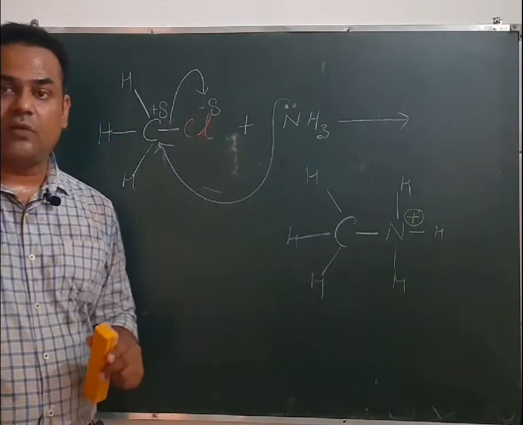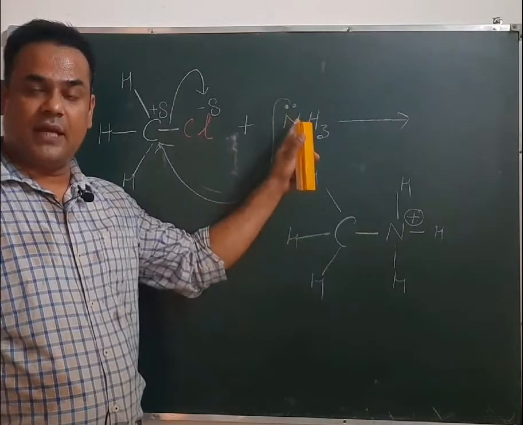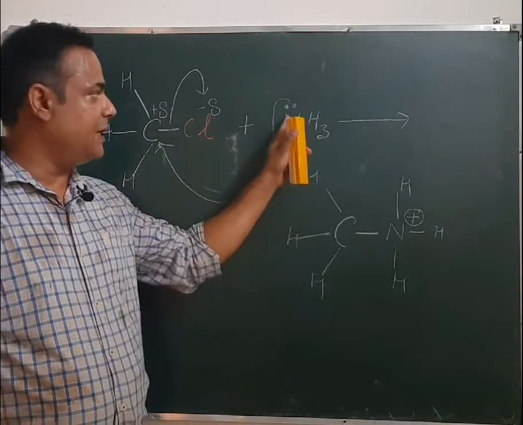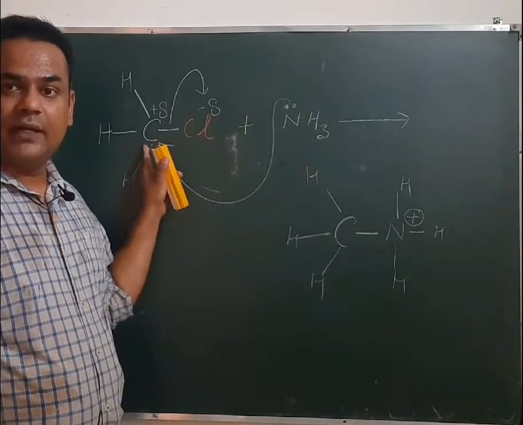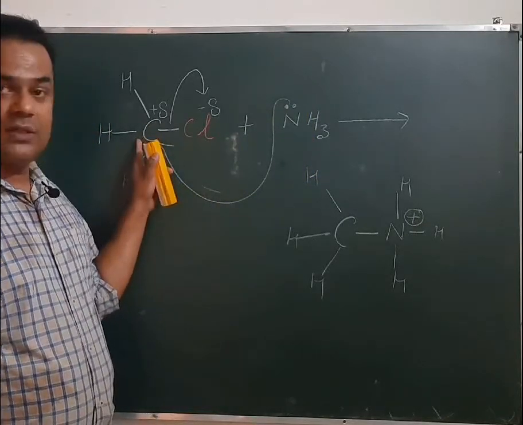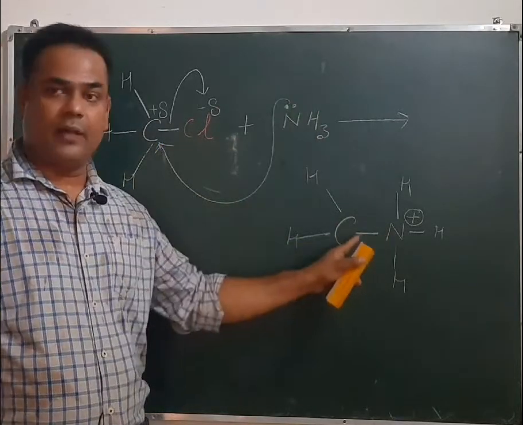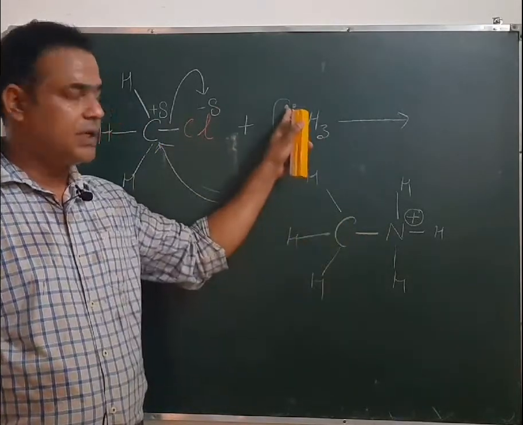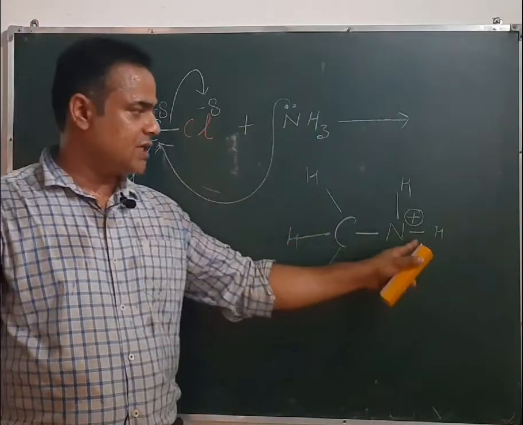Again, this nitrogen is acquiring positive charge. Why? Because the same thing we have seen in the case of water is applicable here also. One electron pair is given to this carbon atom because it is electron deficient, and it is making a covalent bond. As there is transfer of electrons from the nitrogen to this vacant orbital of carbon, this nitrogen is acquiring positive charge.